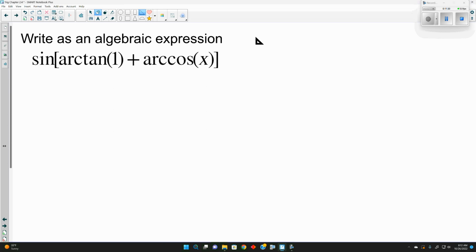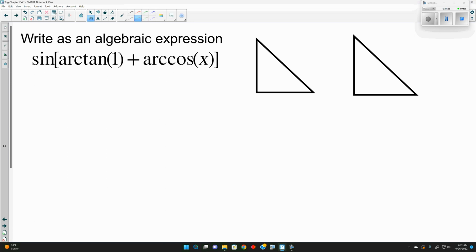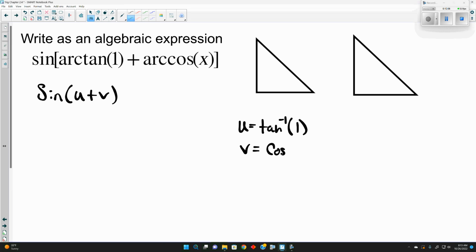We can look at one more of these here. And whenever I look at these, I'm going to always start here, sine of u plus v. Where we have u, we can say, tangent inverse of 1, and v is cosine inverse of x.